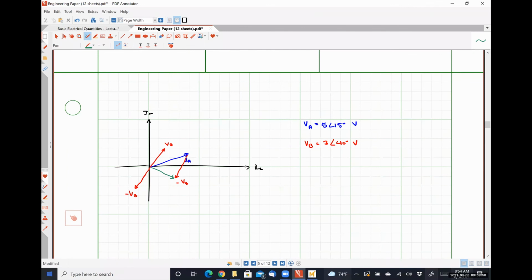But if we did something else where we had, let's call it VC, way out here in quadrant number 2. So let's say that I have, let's do purple, VC would be 5 with an angle of 100 degrees volts.